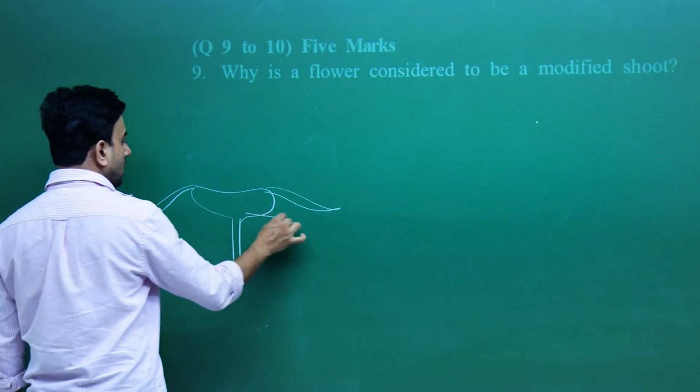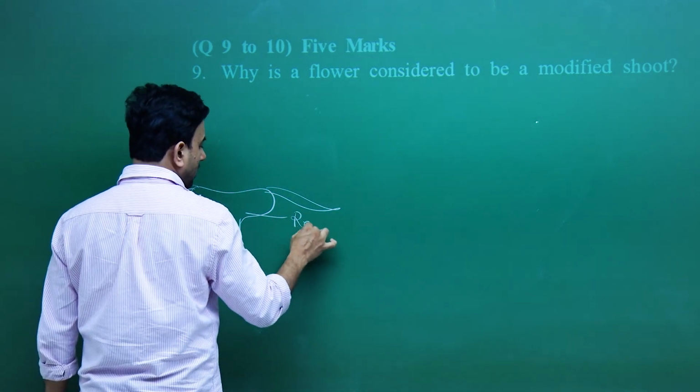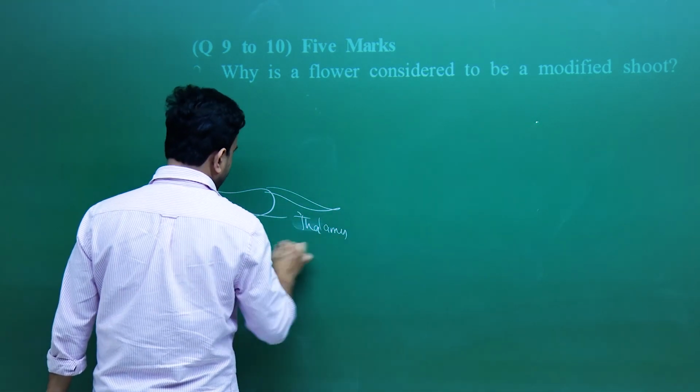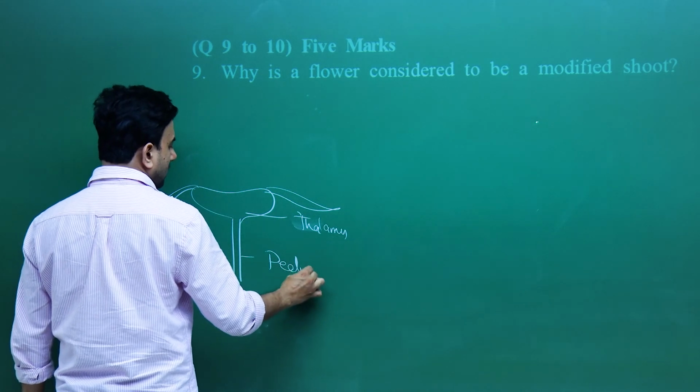This is the receptacle or the thalamus, and this stalk of the flower is called the pedicel.